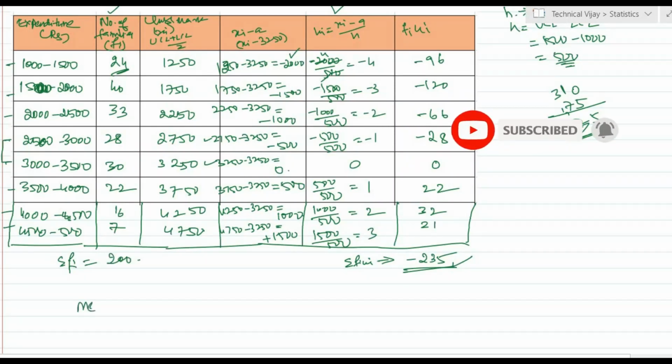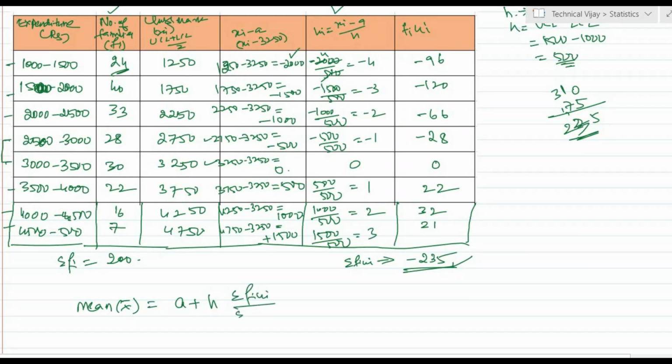Now the mean, x bar, is equal to a plus h into sigma fi ui divided by sigma fi. Here a, the assumed mean, is 3250, and h is equal to 500. So it is 3250 plus 500 into minus 235 divided by 200.